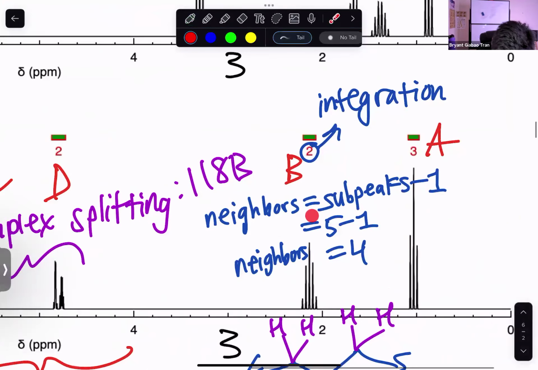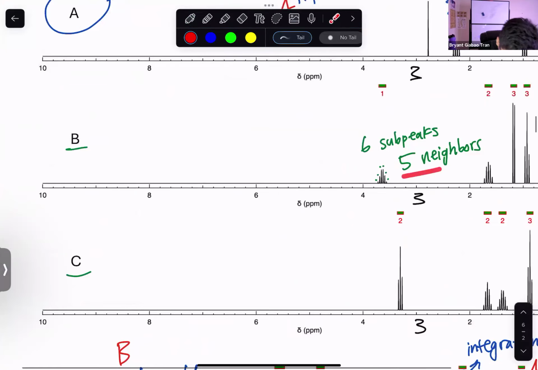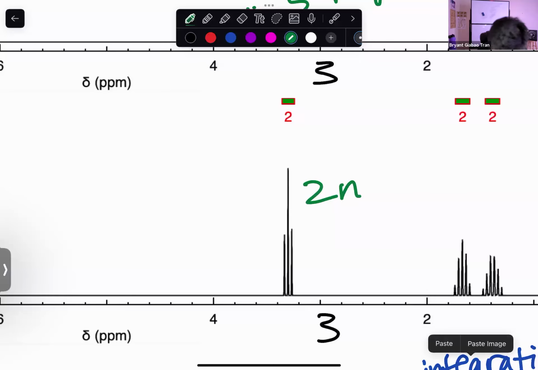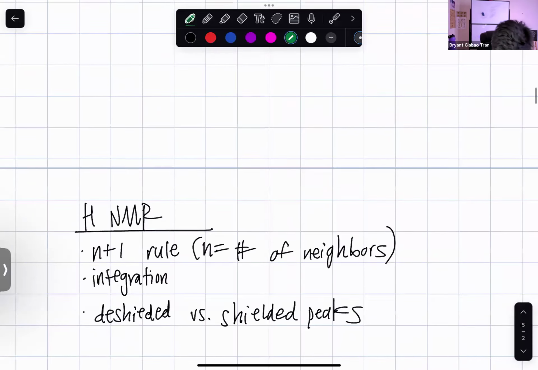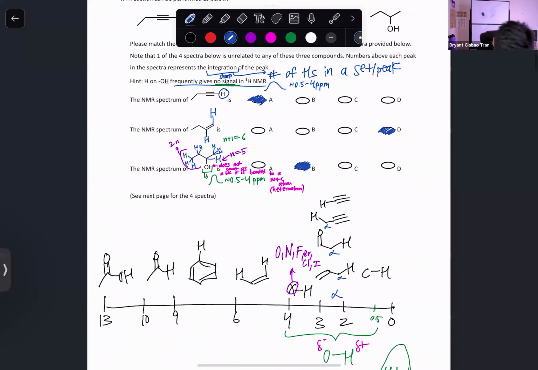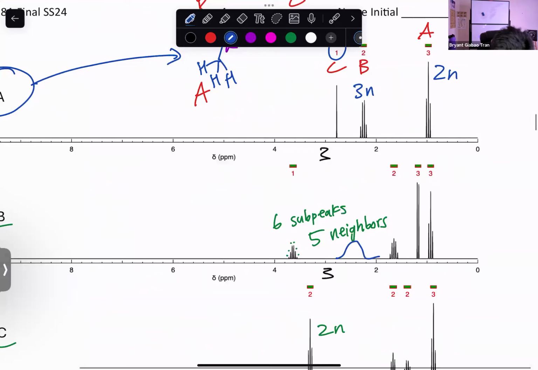Neighbors would be equal to the number of subpeaks we have minus 1. 6 minus 1, 5 neighbors. So the answer for this would be B. Wait, this one here is a triplet. So that would have 2 neighbors, but we don't have 2 neighbors. We have 5 neighbors. So the answer for this would be B. There should be some kind of broad peak here as well, but yeah, it's okay.